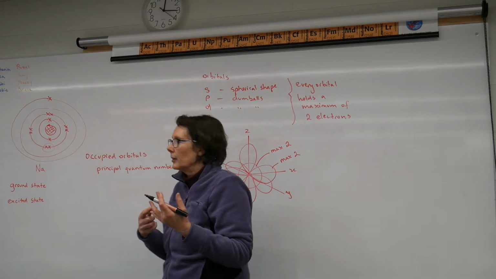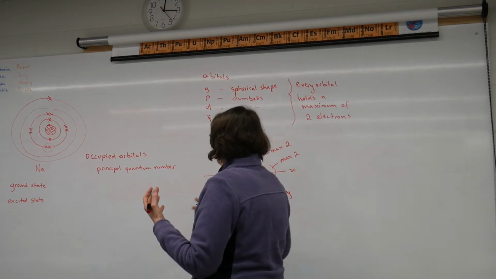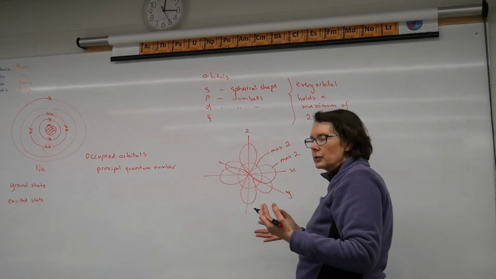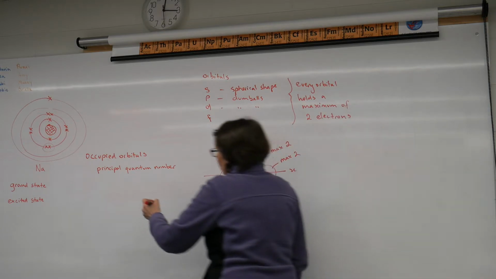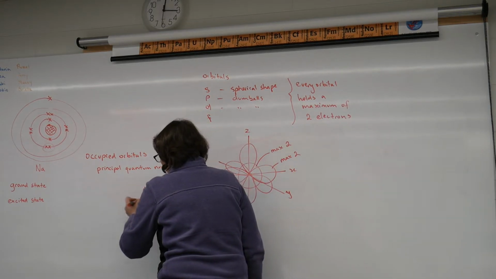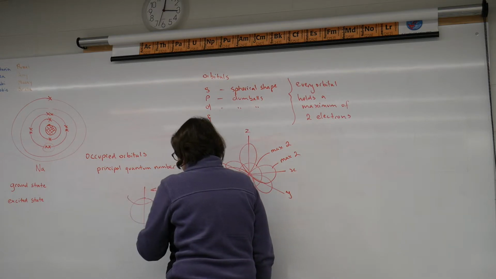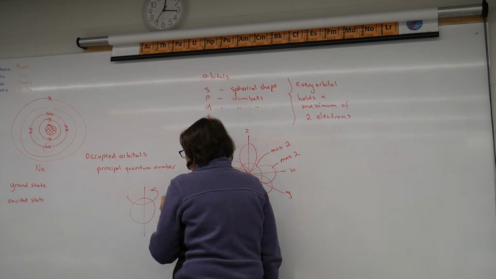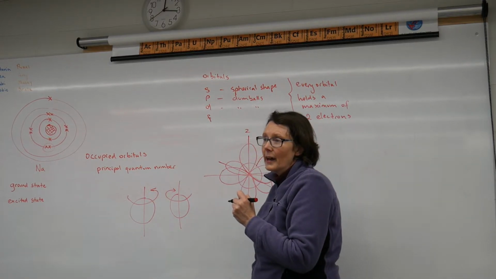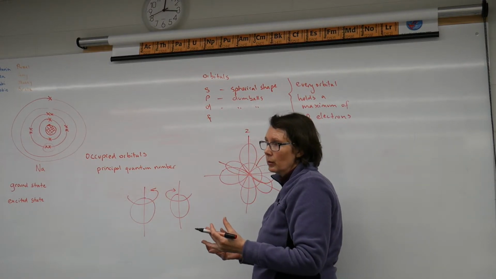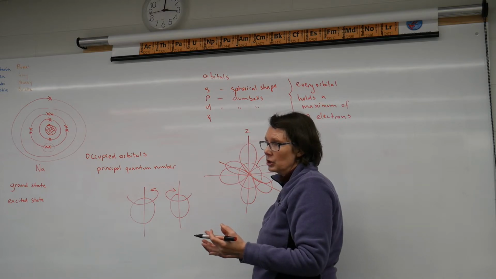No? Okay. So for our electrons that both have the same charge to be able to exist next to each other, what we have to do is have one spin one way and the other spin the other way. And so they minimize the repulsion that they feel to each other.